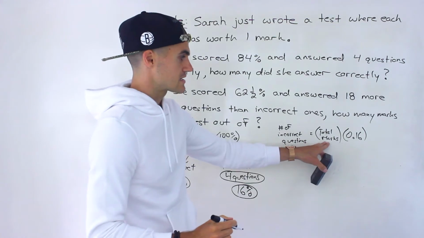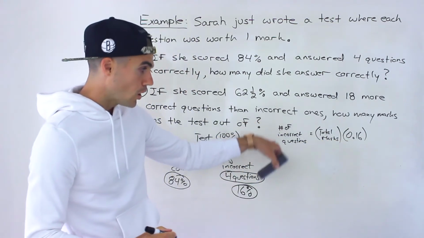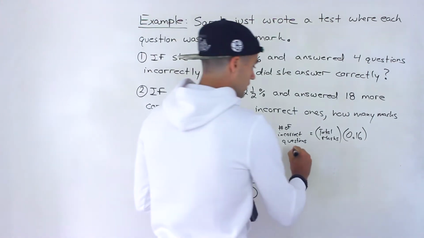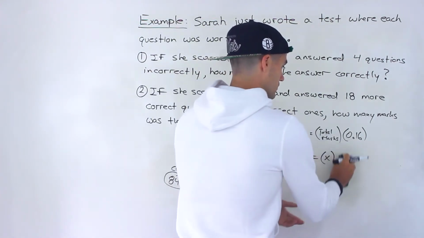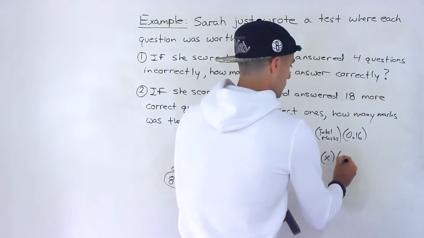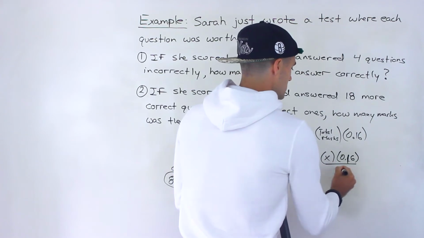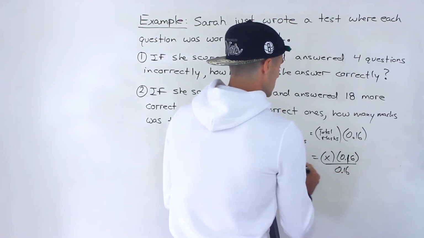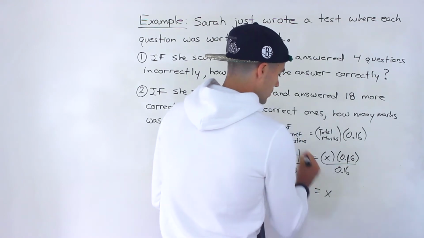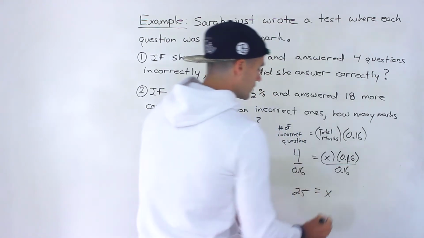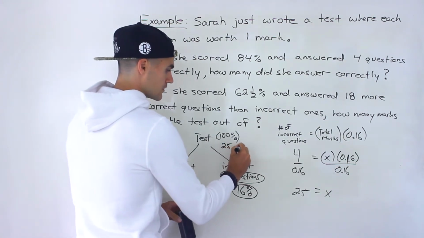The total marks the test is out of, 16% of those is going to be the number of incorrect questions she got. And we know the number of incorrect questions she got is 4. The total marks we're solving for, and then we got 0.16 here, so we could divide both sides by 0.16 to get that x value, and when you do that, you'd end up with 25. So this test was out of 25 marks.